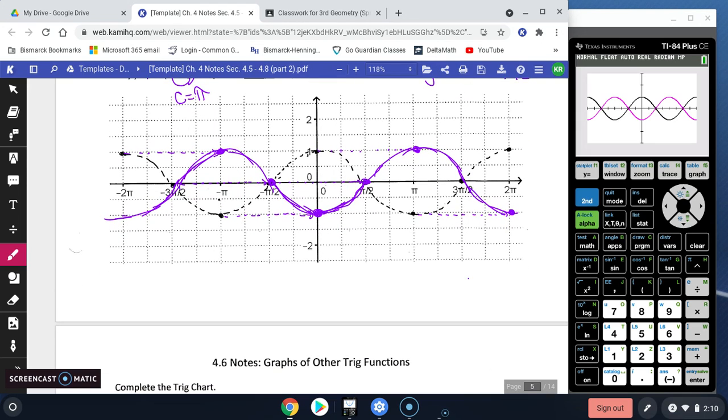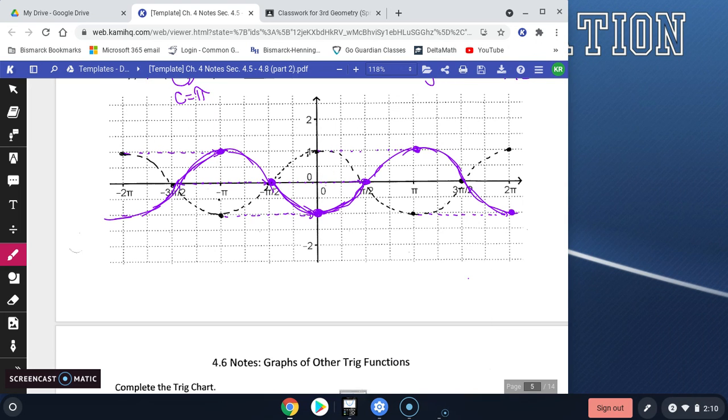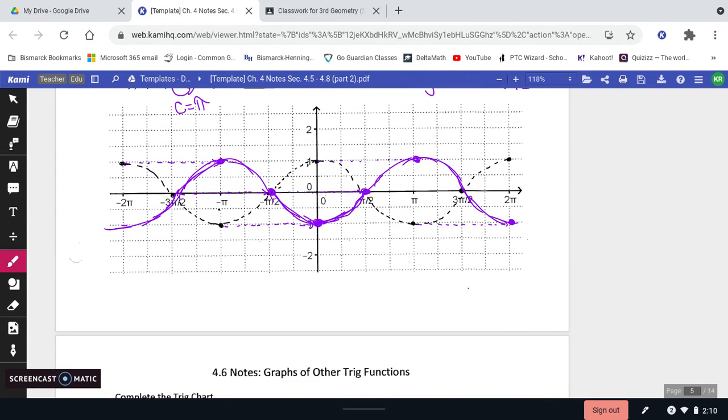So let me make something up for you so we can talk about this. If you have maybe an equation that's like 2 cosine of pi over 20 x, I don't know, minus 40. Something weird like that.